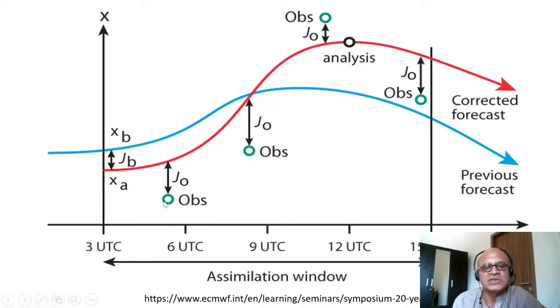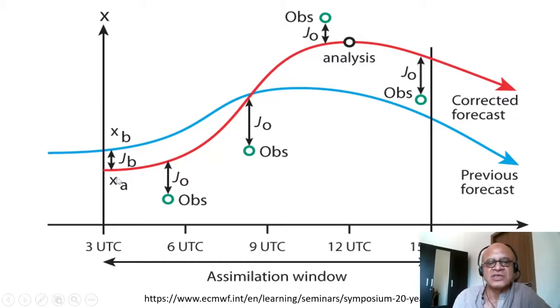So observations come in, you use the observational cost function and the model cost functions, and you keep blending them, and you keep trying to correct the forecasts using these time evolving errors. Okay, it's hard to explain it just in words unless you know the details.